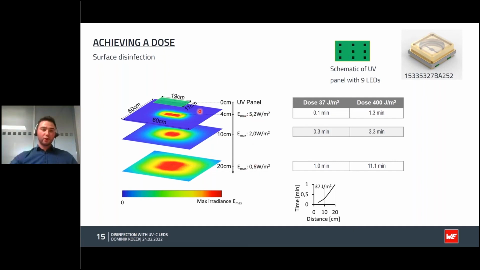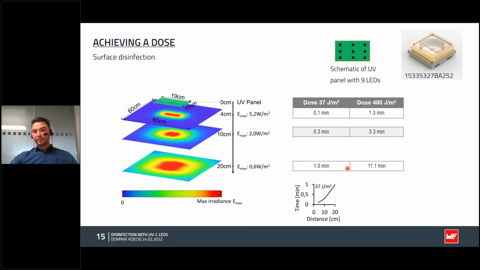So the further you go away, the longer it takes for disinfection. To achieve the dose of 37 joules per square meter at 4 centimeters, you need only around 6 seconds. But if you go to 20 centimeters, you need already 1 minute. This is some kind of square rule: if you increase the distance by some value x, the time required to achieve a certain dose scales with x squared.